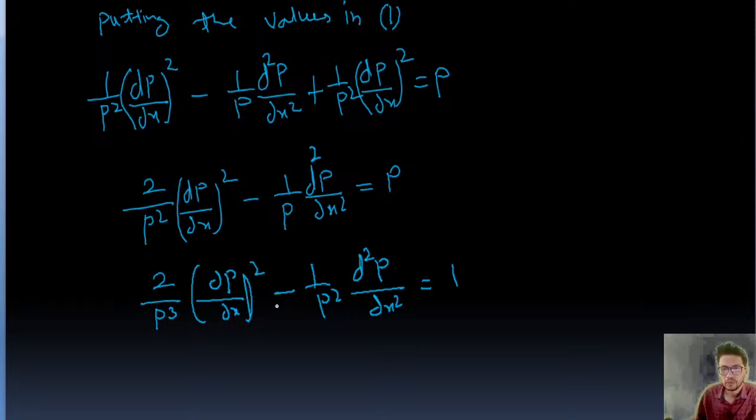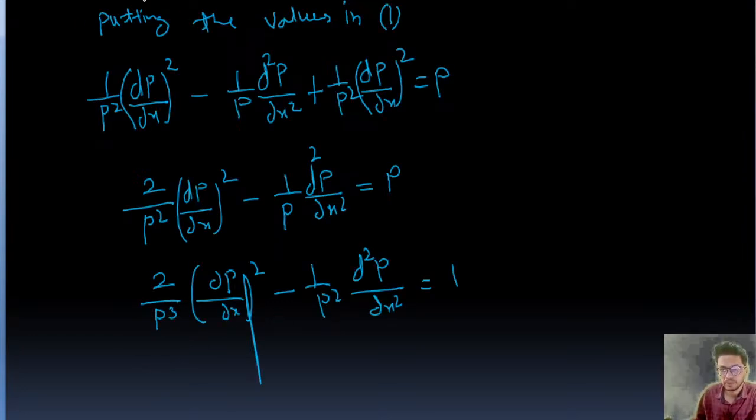This one. So now we'll write in this form. We can write this like next page I'm going to write. So we can multiply by minus 1, okay?